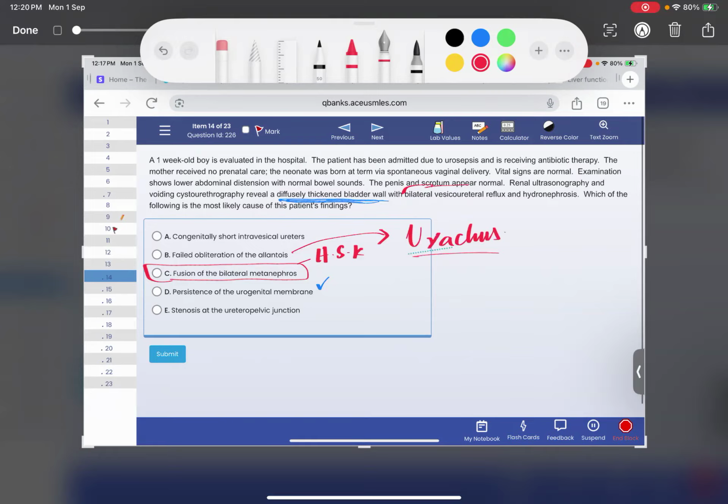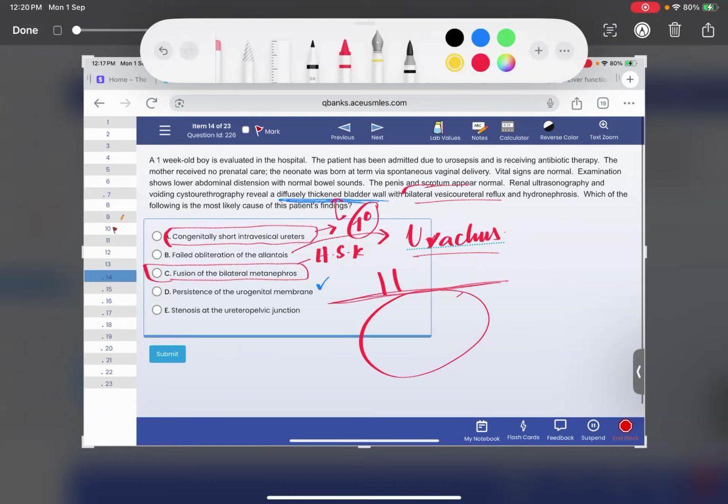We have discussed it in the previous question. Congenitally short intravesical ureters: we have discussed it's the primary cause of vesicoureteral reflux. We won't be having a diffusely thickened bladder. It is coming from above, right? So the problem is above, where the problem is here, right?